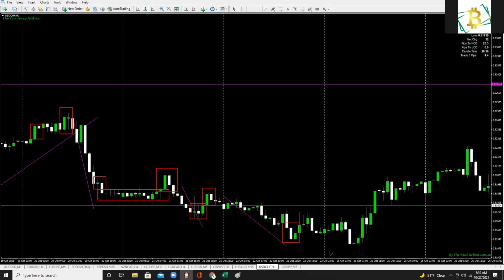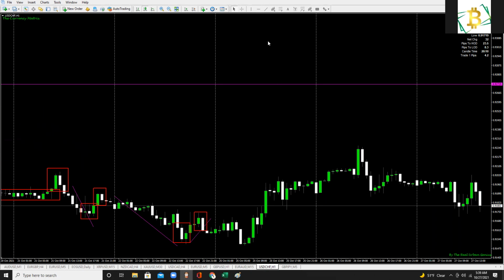Then moving forward, here's a bearish engulfing. Here is a hanging man, or I'm sorry, a dark cloud cover, which is another bullish indication.